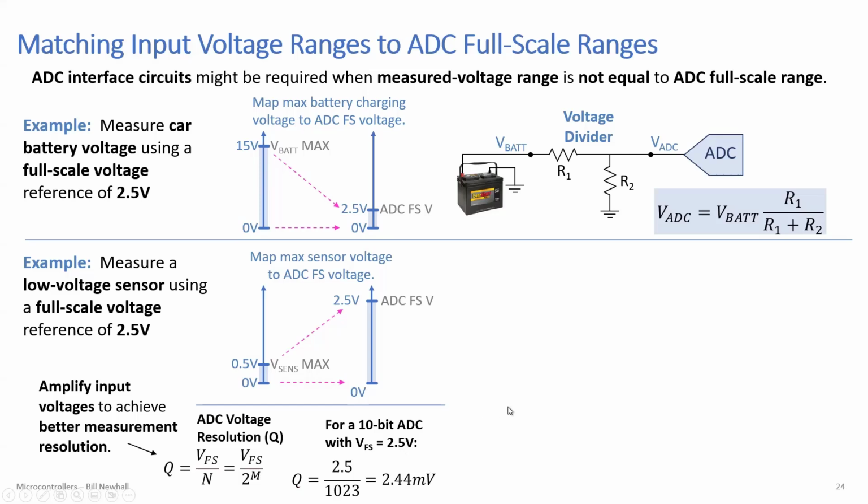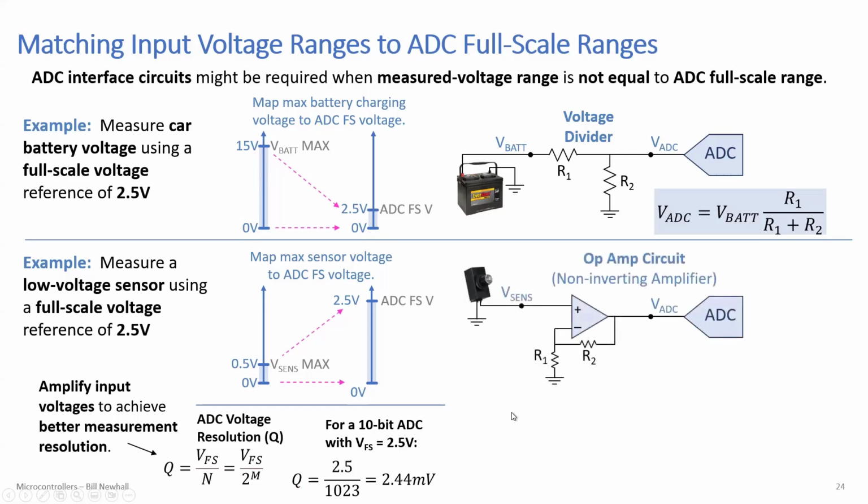So you could go back to, remember op-amp circuits, go back to circuits class where I said these are useful. Well, they are useful because you could take this low voltage sensor, amplify that output, and then apply that output to the input of the ADC. This is a non-inverting amplifier made from an op-amp. So VADC is Vsense times this gain here.